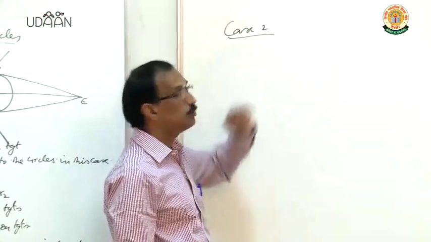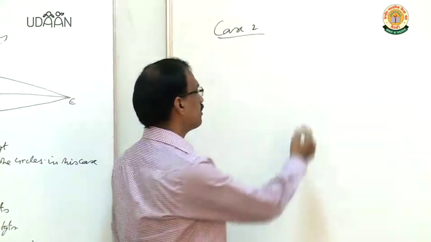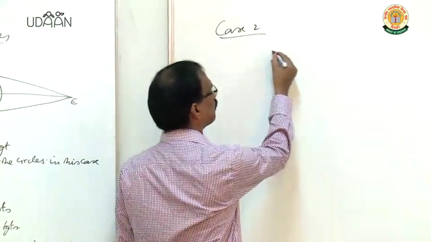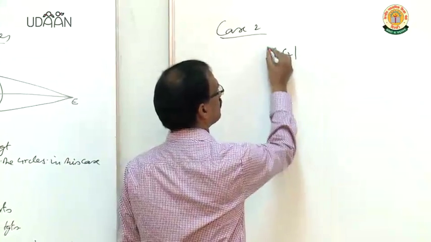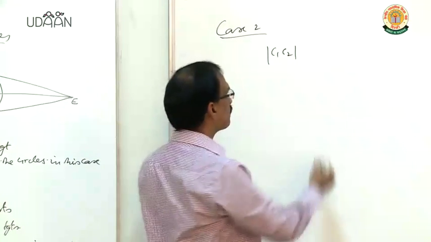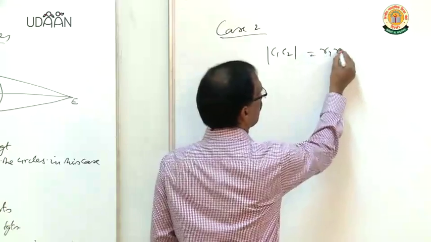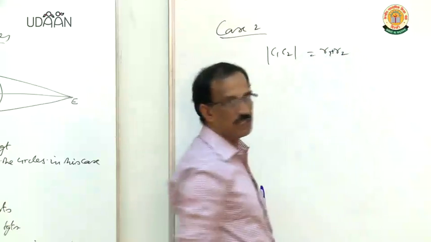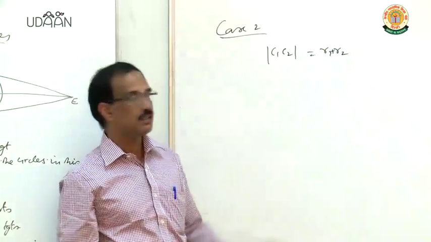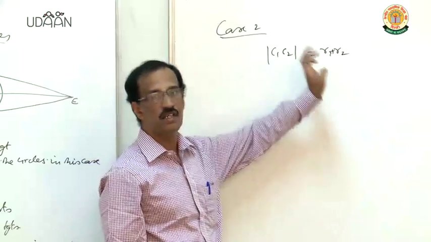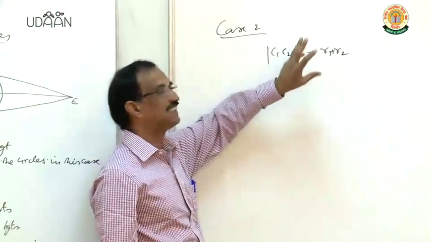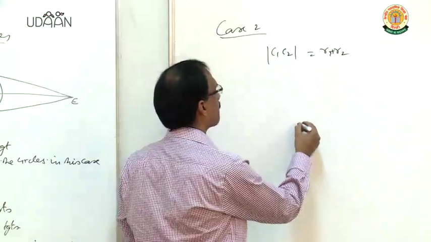In this case too, what will we have? Suppose C1C2 is equal to R1 plus R2, that is, the sum of the radii is equal to the distance between the 2 centers of the circles.